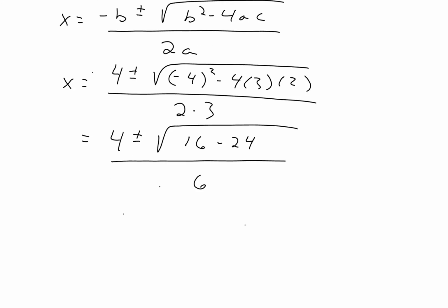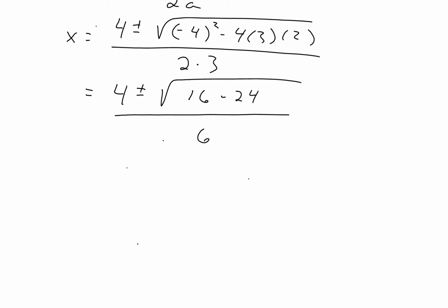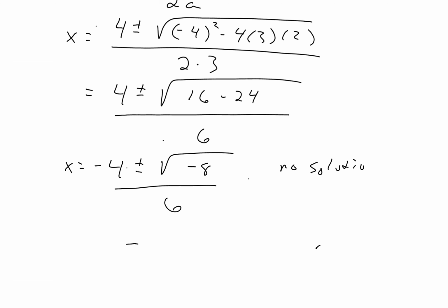Uh-oh, I'm starting to see a problem here. So x equals 4 plus or minus the square root of -8 over 6. Can you take the square root of a negative number? No. So this equation actually has no solution. And sometimes that happens. So that's it for solving quadratic equations.